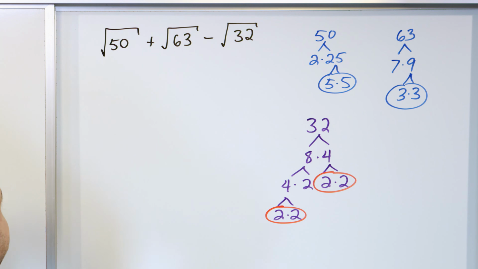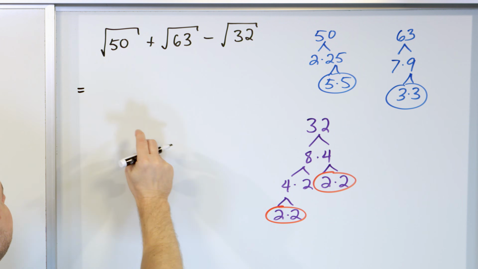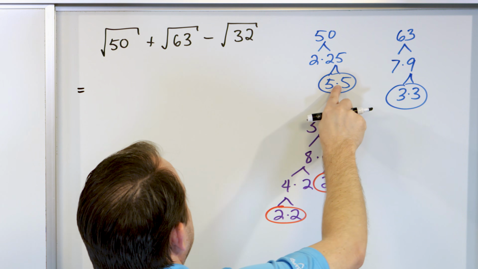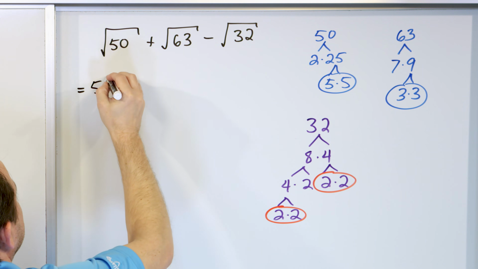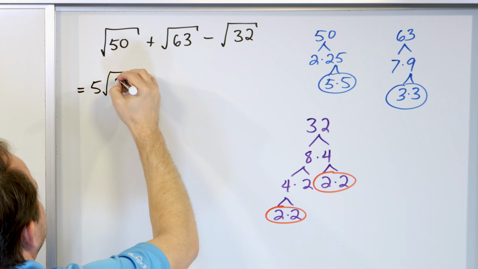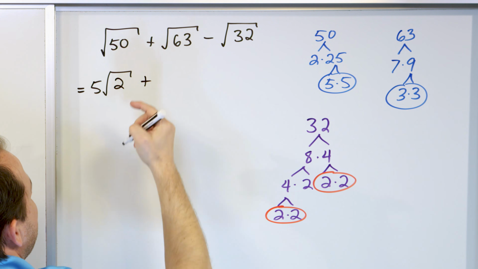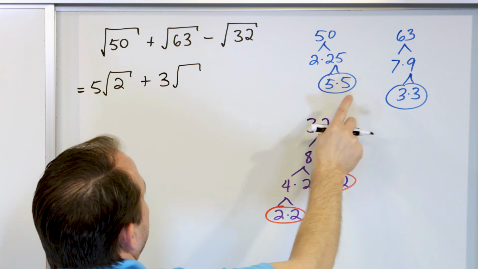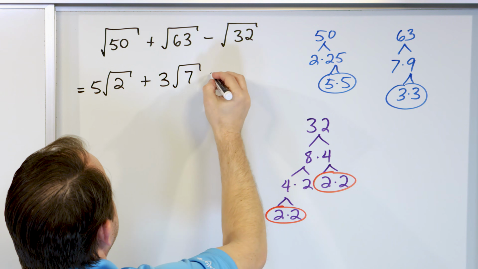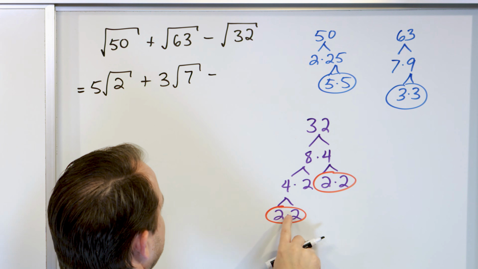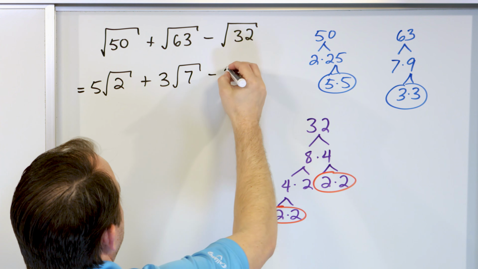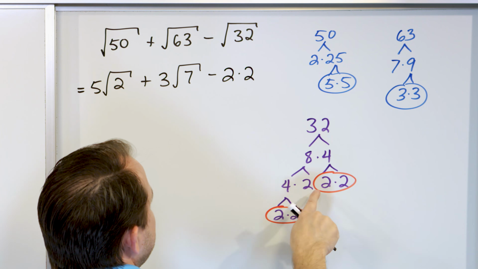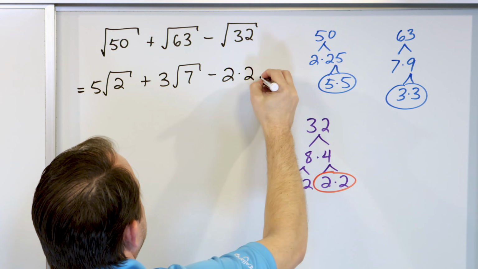So what you get is, when you put it all together, the square root of 50 simplifies as a single 5 that comes out, square root of what is left over, which is a 2. The square root of 63 is written as a single 3 that comes out, with a square root of what is left over, which is 7. And then the 32 is written as a pair of 2's that comes out, one from this pair, one from the other pair, and the only thing left is a square root of 2.